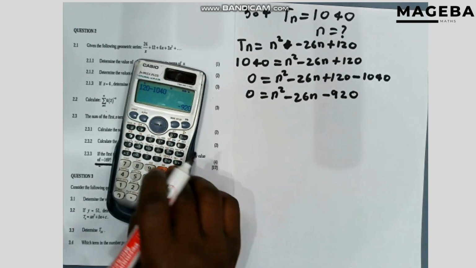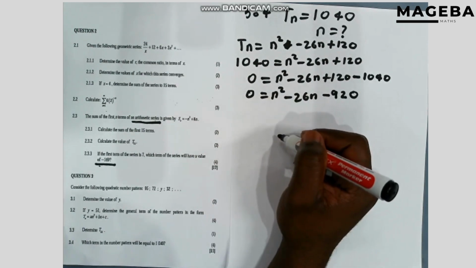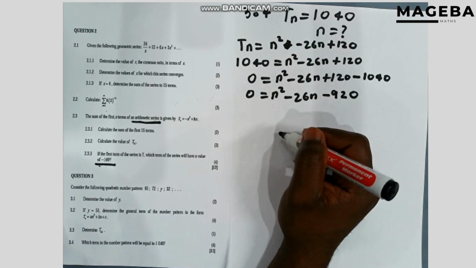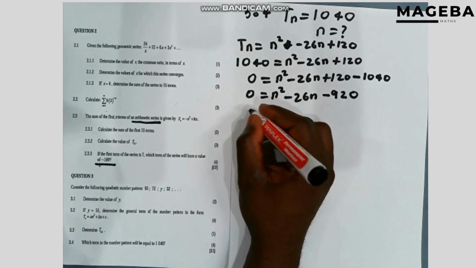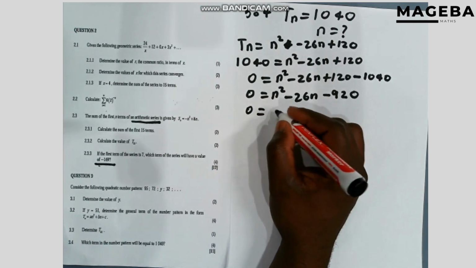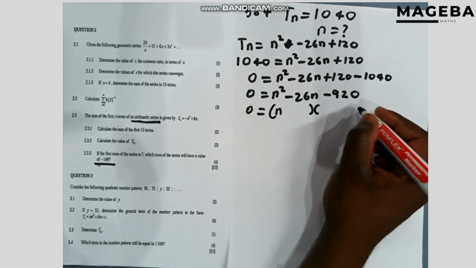From here, it's either you do the quadratic or you do the factorization. If you don't know how to factorize, I prefer just go to the quadratic and find n. But for me, for the sake of this video and time, I'll just do the factorization, finding our factors.